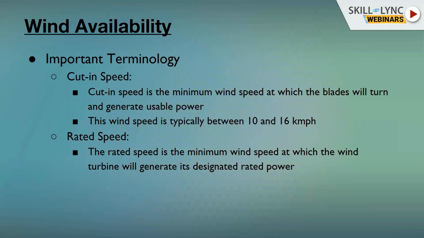The rated speed is nothing but the speed at which the generator generates power at full load, because if the rotation of that blade is not constant for a particular time, it will affect the generator directly. So that's why they are mentioning the rated speed. So the rated speed is also considered a main thing here.